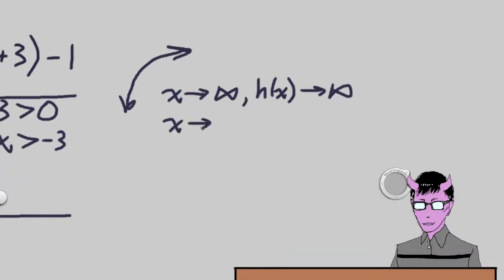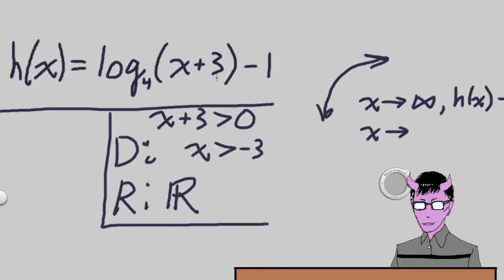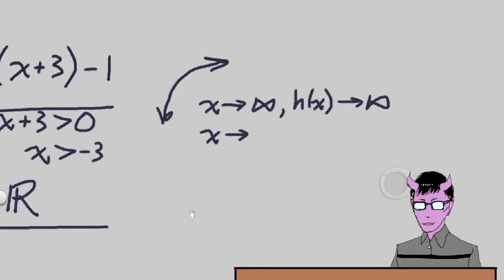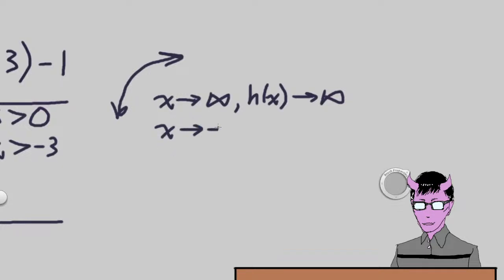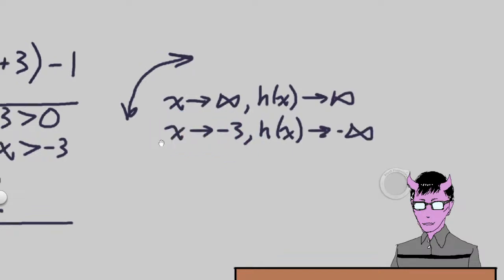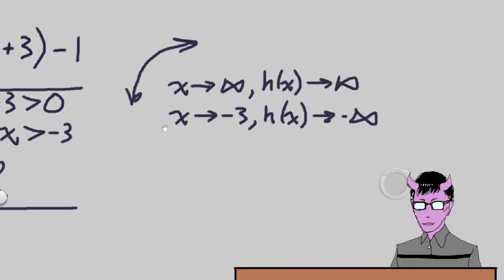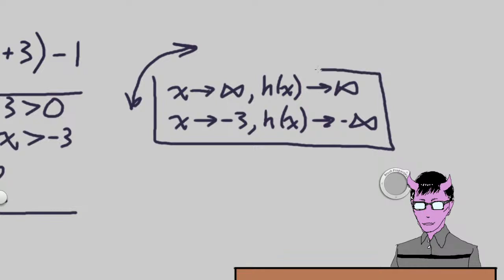As the X values get closer to what? The wall, which is at negative 3. So as X approaches the vertical asymptote negative 3, the Y value should explode downwards. And behaviors.